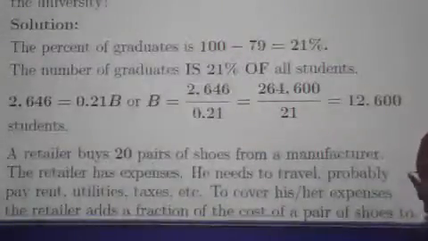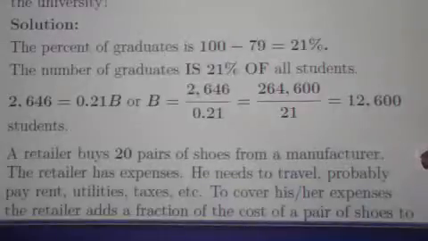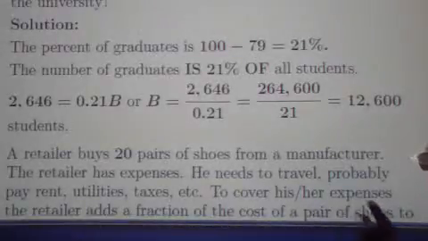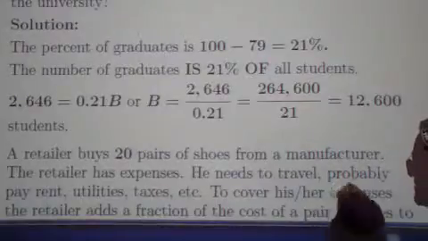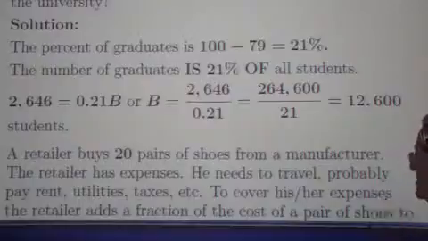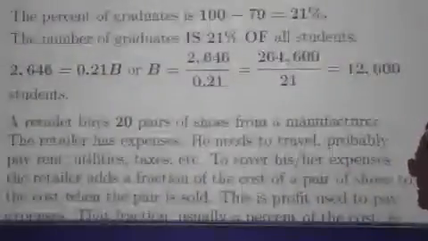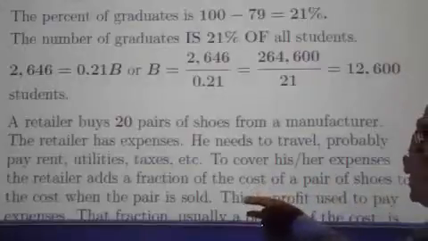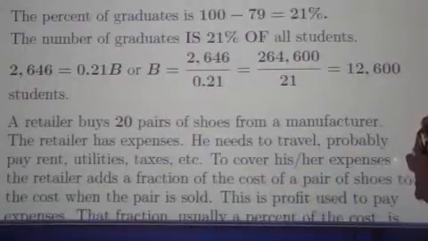A retailer buys 20 pairs of shoes from a manufacturer. The retailer has expenses. He needs to travel, probably pay rent, utilities, taxes, and so on. To cover his or her expenses, the retailer adds a fraction of the cost of the pair of shoes to the cost when the pair is sold.